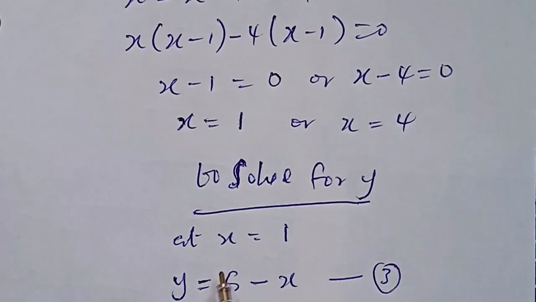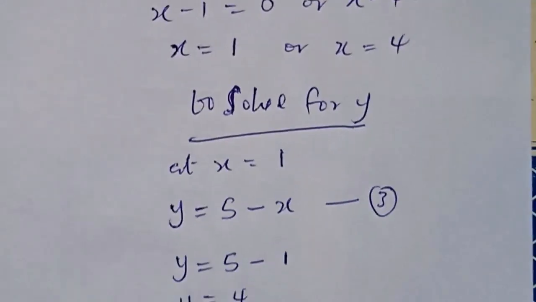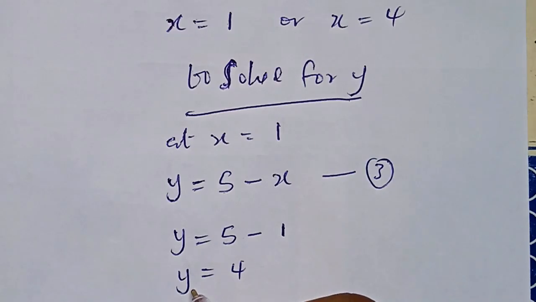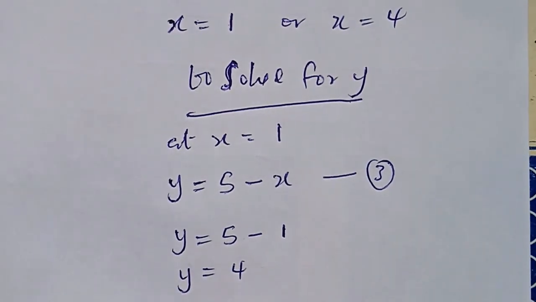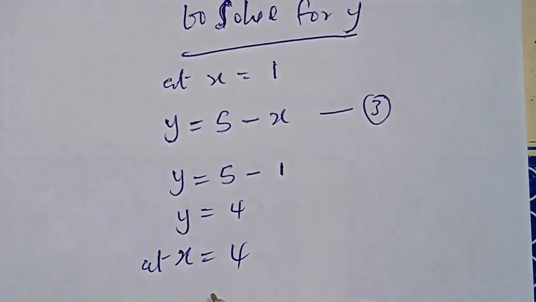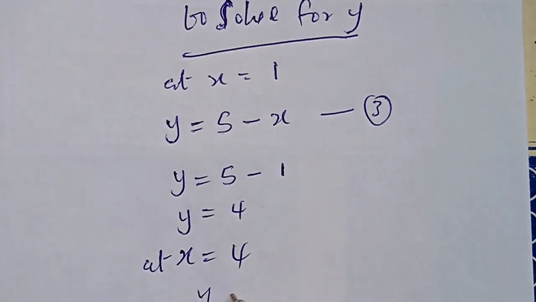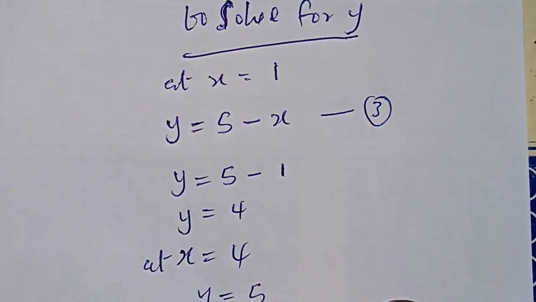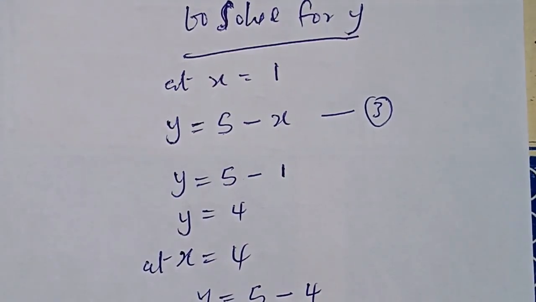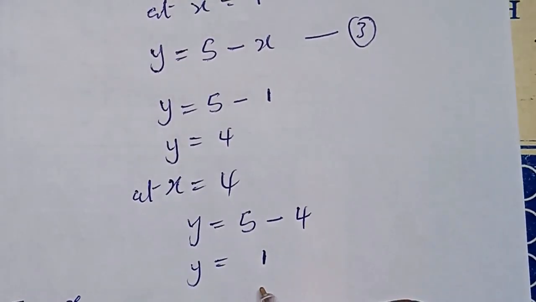So that is when x equals 1, y is equal to 4. Now at x equal to 4, what is y? y will be equal to 5 minus 4 equal to 1. Then y equal to 1.